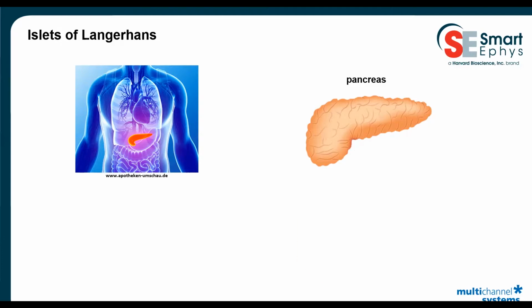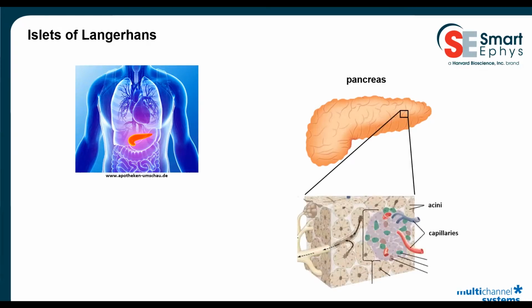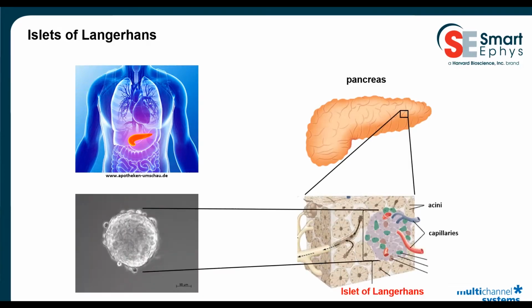This is done by the islets of Langerhans, and the islets are distributed over the complete pancreas, with the highest density in the tail of the pancreas. The most important cell types are alpha cells, beta cells, and delta cells.